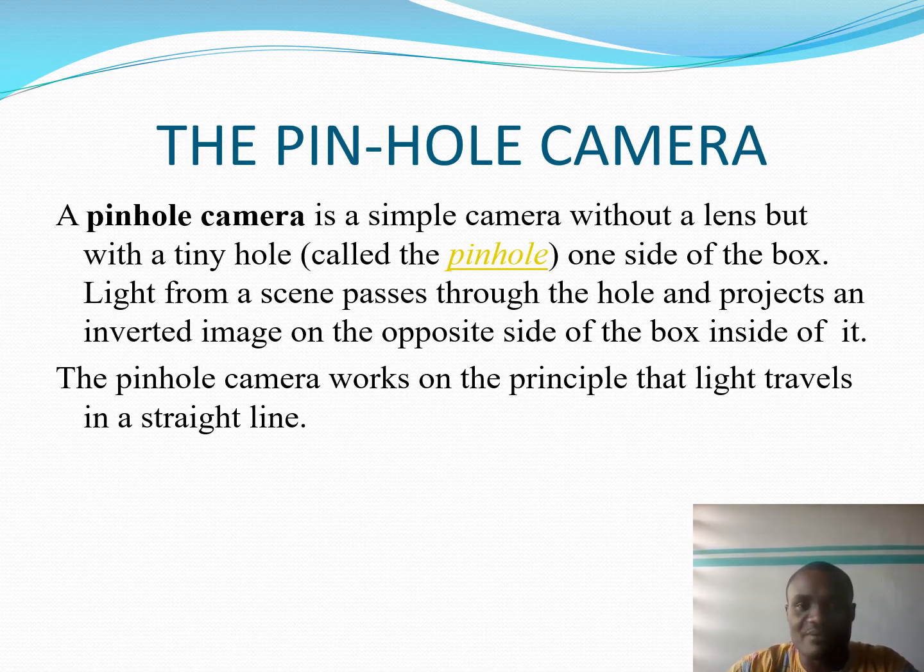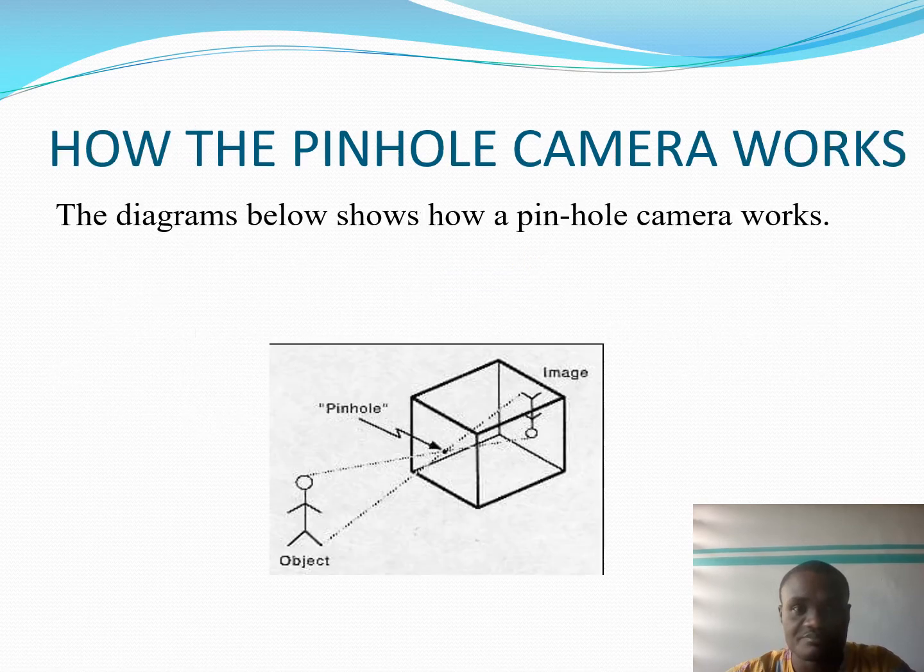An inverted image on the opposite side of the box, inside of it. So it works on the principle that light travels in a straight line. I hope you remember that property of light, where we talked about the rectilinear propagation of light. If you go on the site, the video is still there, or the pictures are there for you to see.